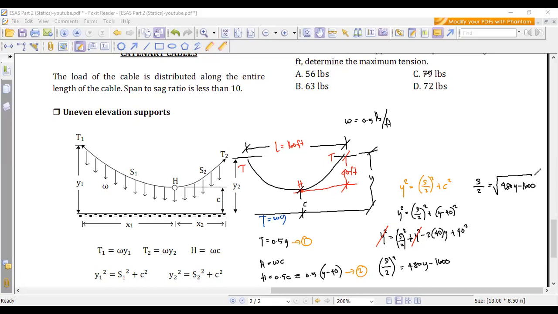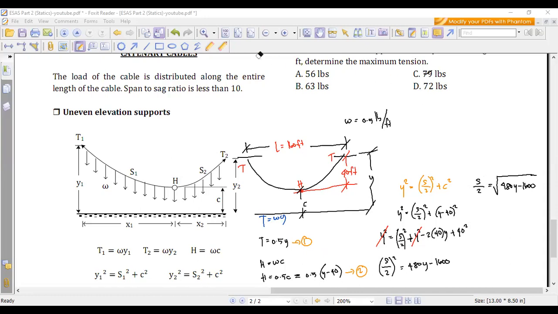Okay, that is the value of s over 2. Now, still we cannot get the value for y, because here comes another variable, which is s over 2.